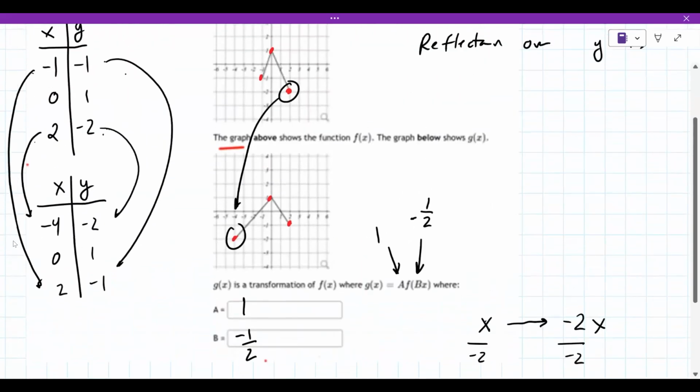And so it would be like 2 to -1, or wait. Oh, okay, I get it. I get it. It would be -2. So x going to 2 would be -2. And then that would be, what is it? -1/2 in front of b. That makes sense.